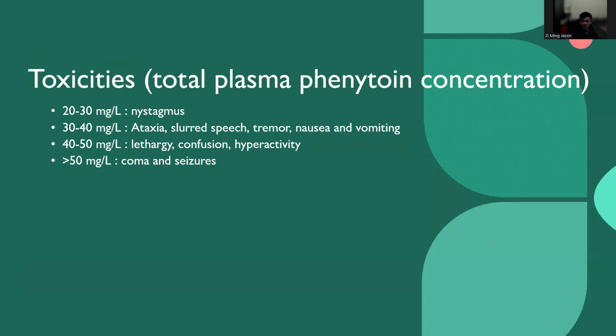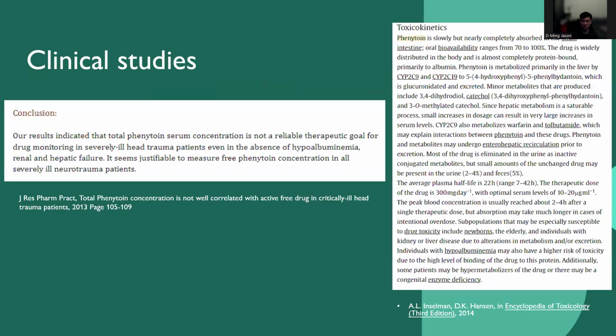These are some of the toxicities that might be expected if the level of total plasma phenytoin concentration goes above the range. Here are some studies showing that total phenytoin serum concentration is not a reliable therapeutic goal for drug monitoring in individuals with hypoalbuminemia, which is commonly caused by renal failure, hepatic failure, and malnutrition.